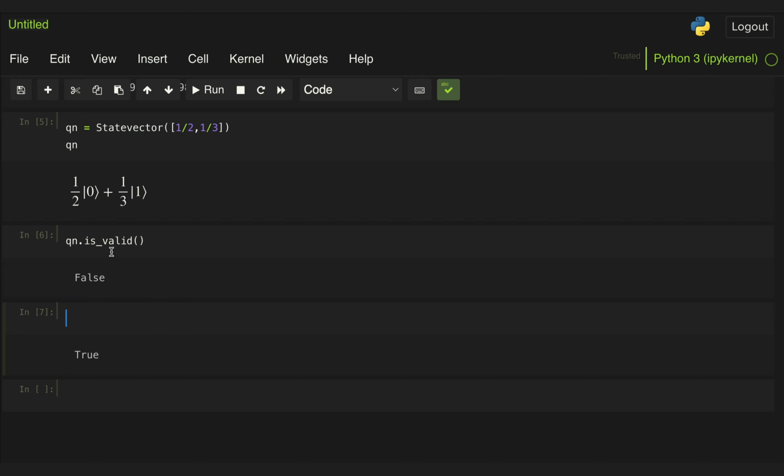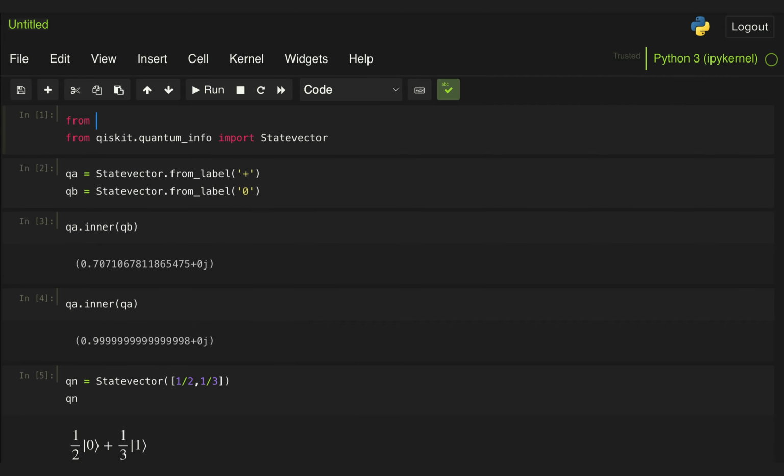But we can normalize our vector by defining its length. The way we do that is, let's call this QN length. And we take the inner product of that vector with itself. And that should give us the length of that vector squared. So if we now take the square root, and for that, let's actually import the square root function.